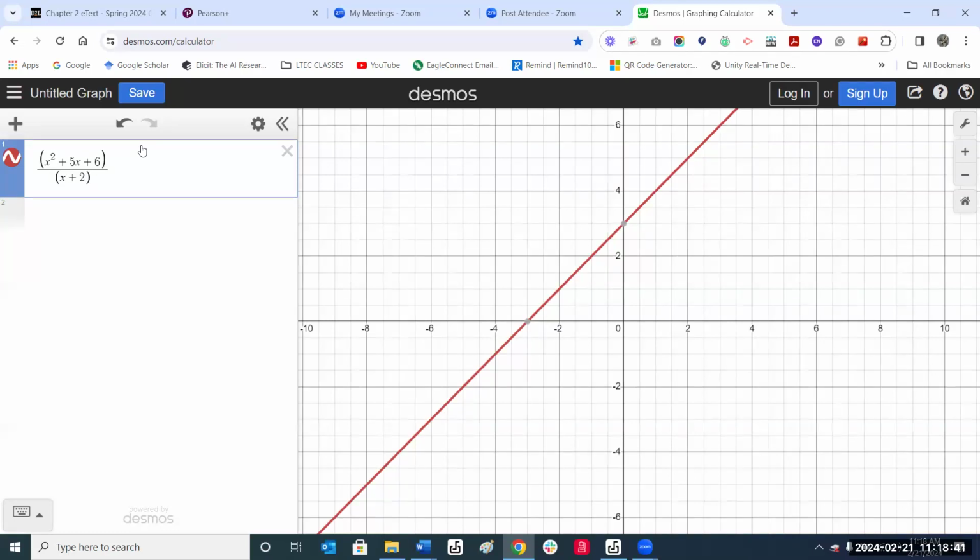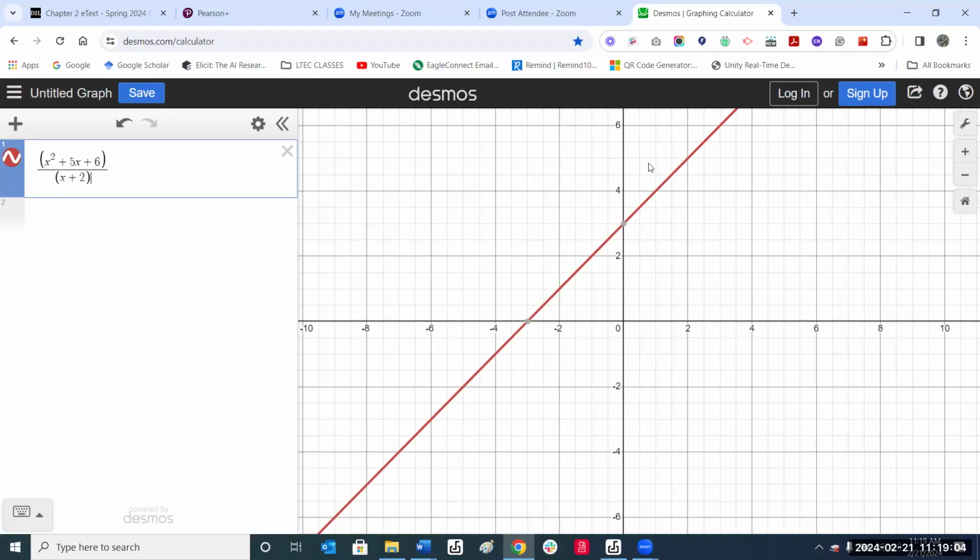That's our graph. Look familiar? Where do you see it? Look at your paper, the long division we just did. That's x plus 3. It crosses at 3, and the slope is up 1 over 1.